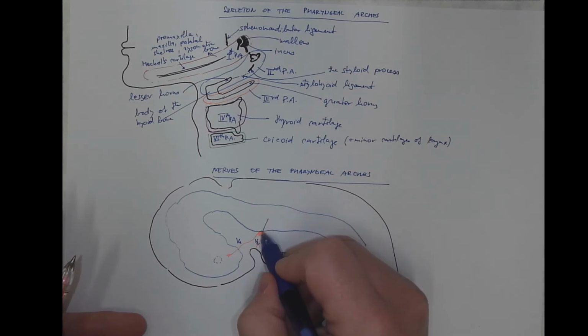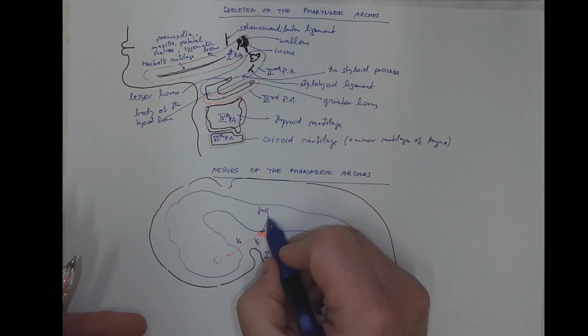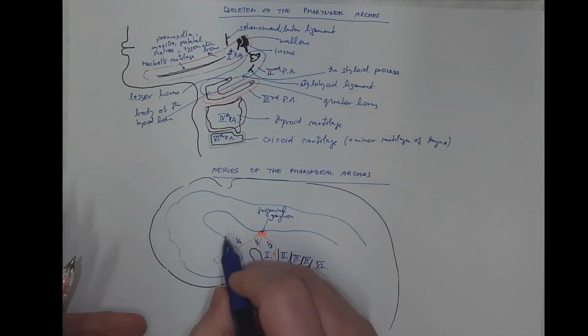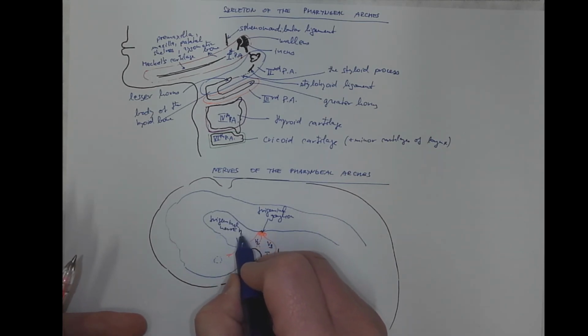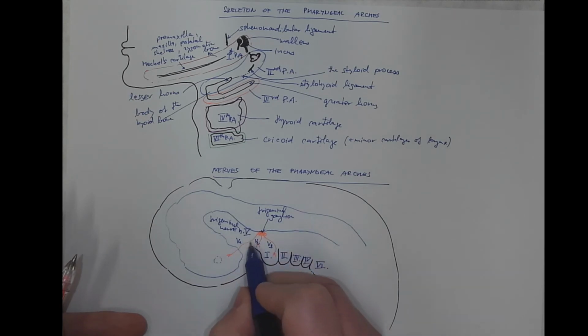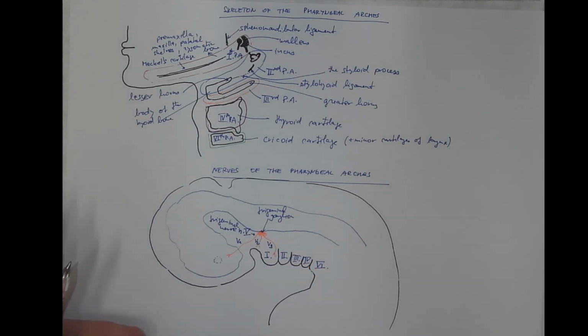So it's the trigeminal ganglion and the trigeminal nerve, which is the fifth cranial nerve, for the first arch.